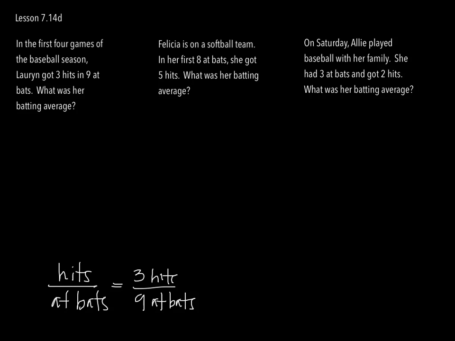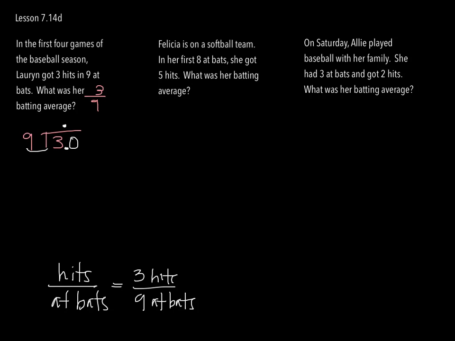Hopefully, boys and girls, you came up with an answer here. The first one, and I'm just going to write Lauren got 3 hits and 9 at-bats, so that's 3/9. What we want to do is convert that into a decimal. So remember, we put the numerator in the house, and we put the denominator outside. We're trying to figure out how many 9s go into 3. Well, none do, so we're going to have to add a decimal and add a 0.